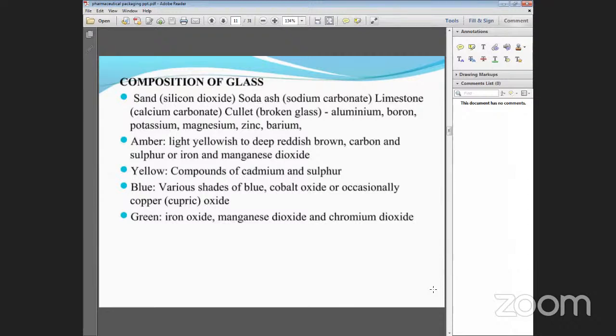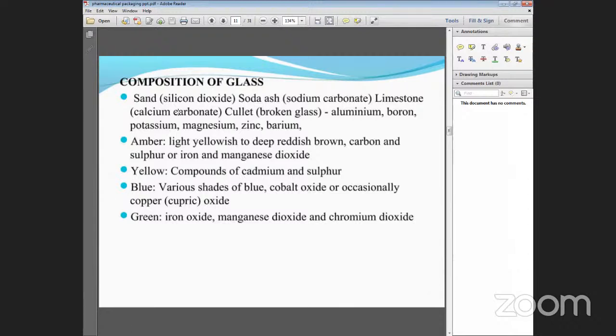These are the components. If we prepare an amber colored glass, we need light yellowish to deep reddish brown, carbon and sulfur or iron and manganese dioxide. This will prepare an amber colored, that means brown colored, bottle. If we need a yellow bottle, a compound of cadmium and sulfur is used.